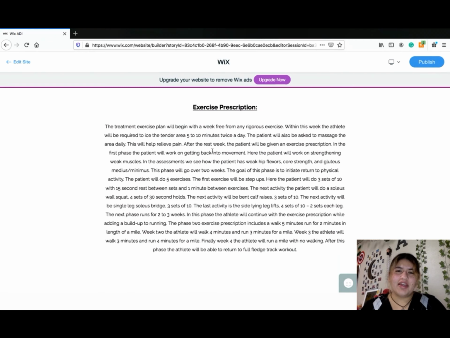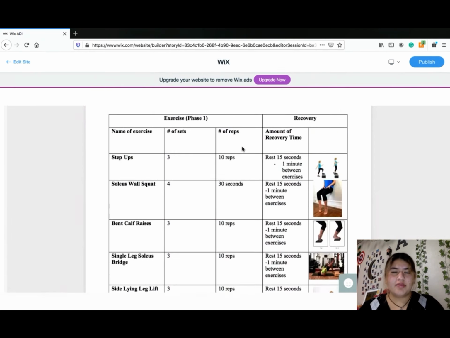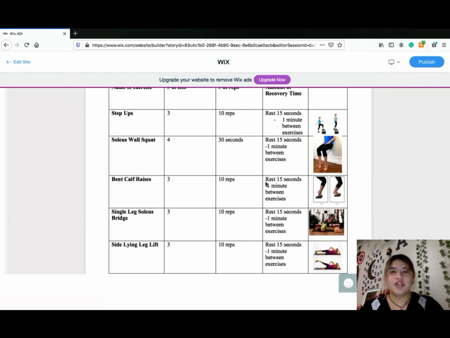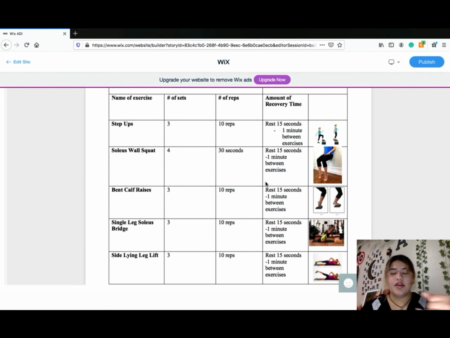So here I have my exercise prescription and how I really came up with these diagrams. So I decided to cut it into two phases. So the first phase, we're really focusing on strengthening the weak spots. So in her initial assessment, we see how she has weak hips, weak core strength, and really weak abduction, and weak gluteus medius and minimus.